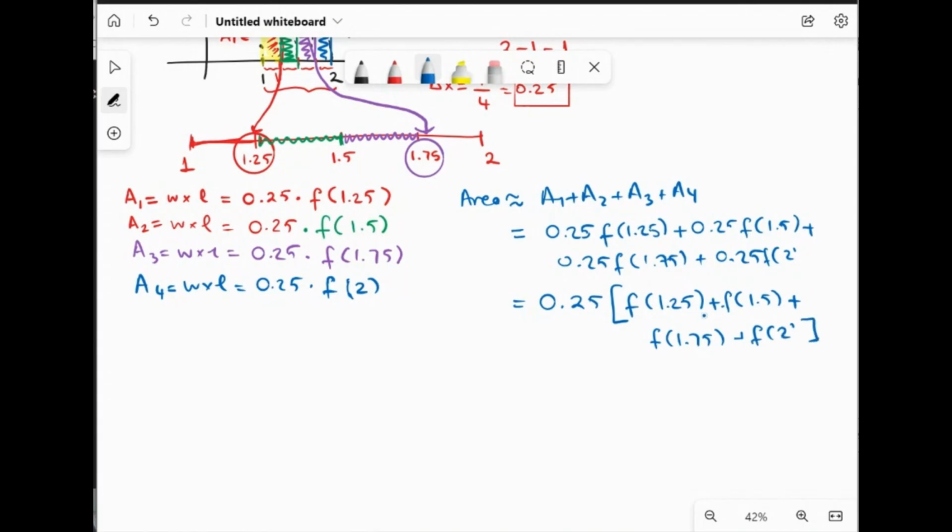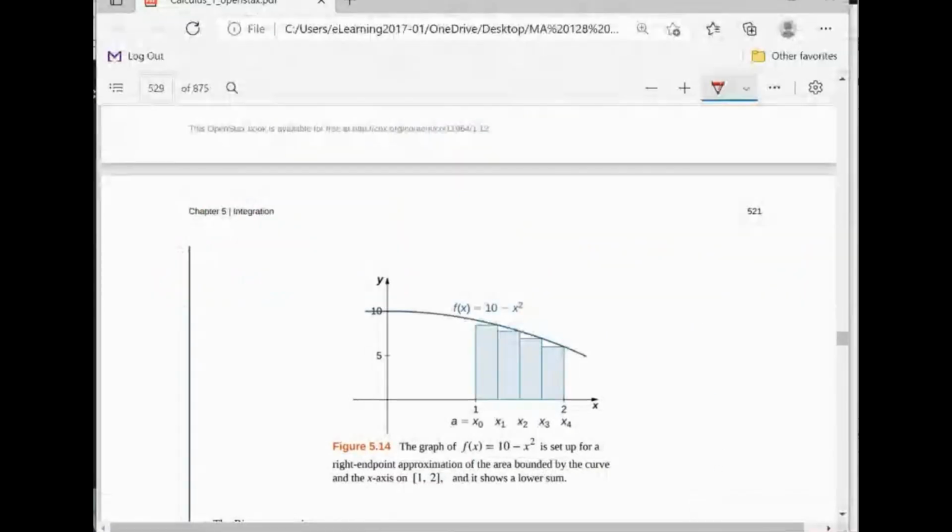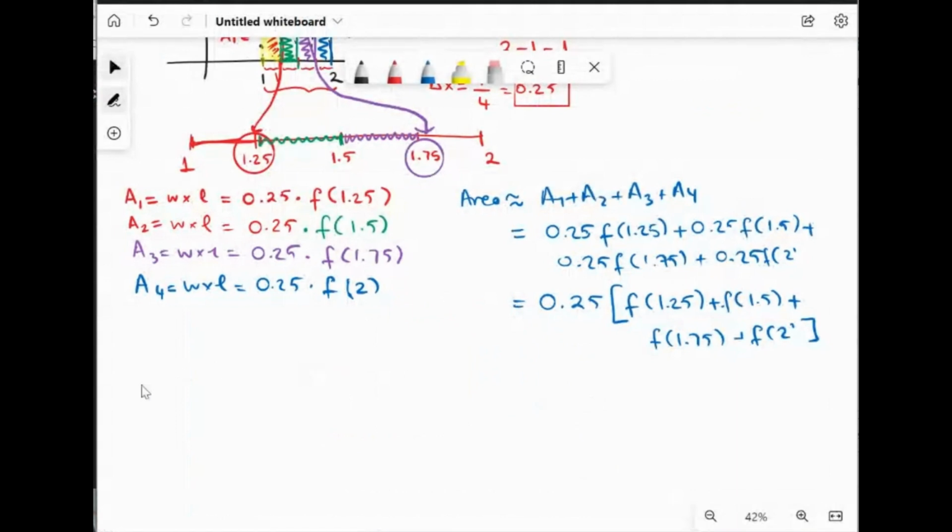And what is our function? The function was 10 minus x squared, right? Let me double check. So it is 10 minus x squared.